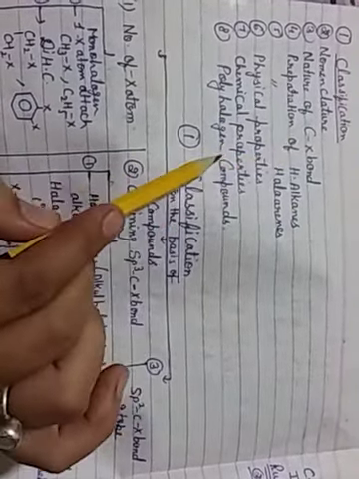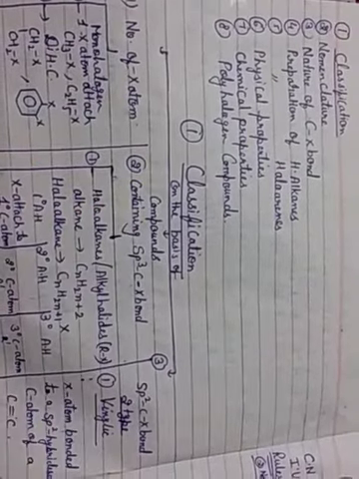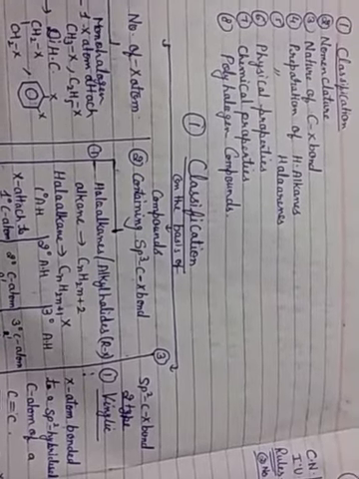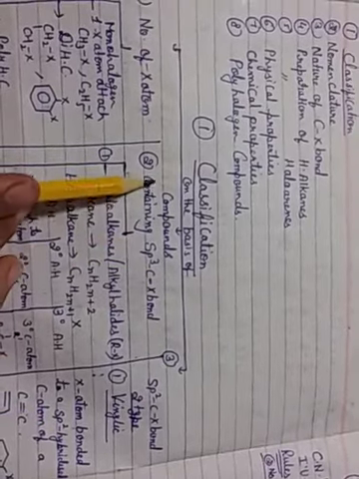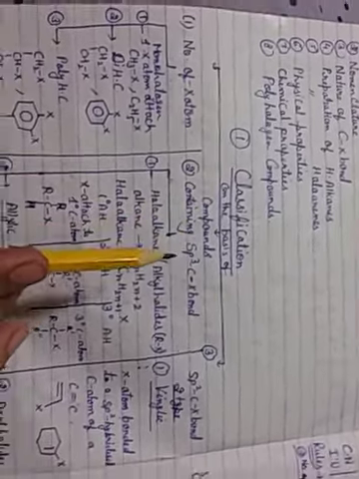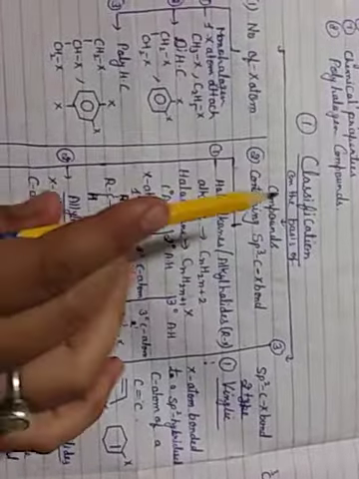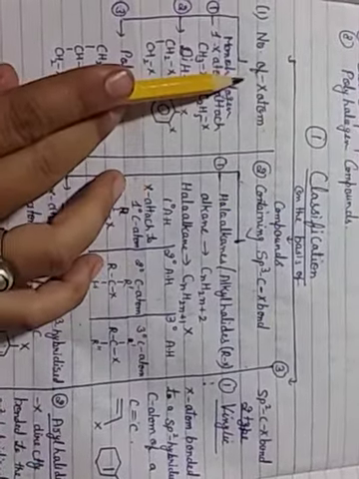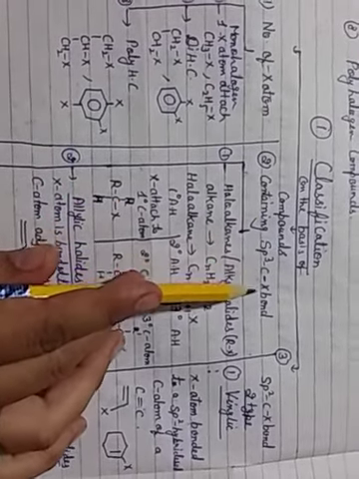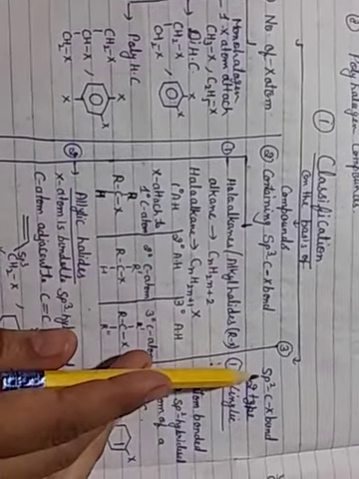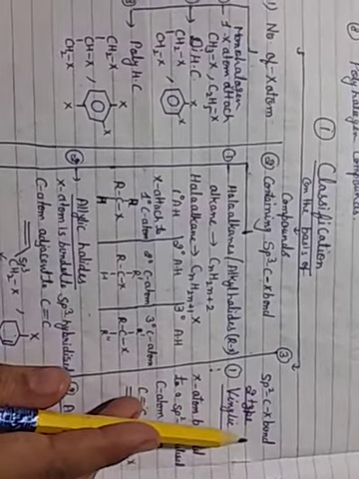So these are the 8 points of haloalkanes and haloarenes. First I discuss classification. Classification is on the basis of, first, the number of halogen atoms, second, compounds containing sp3 carbon-halogen bond, and third, sp2 carbon-halogen bond.